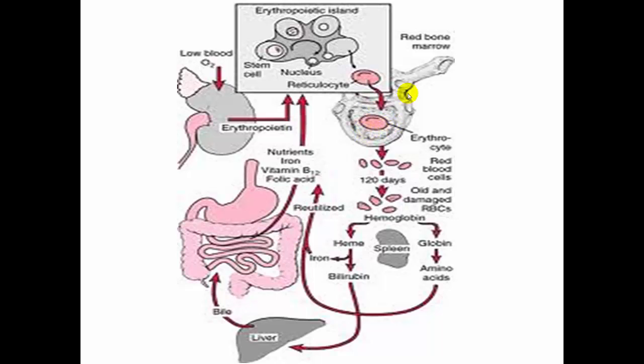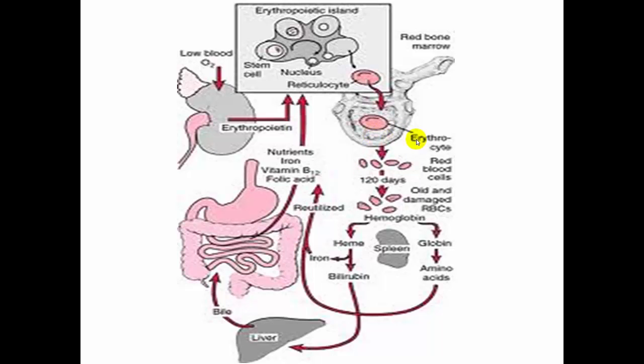But all blood cell production occurs in the bone marrow. Mostly in flat bones, say the sternum. This is showing a bone of the vertebrae. Long bones, such as the femur. Other flat bones would be like the iliac crest, the pelvic bones.